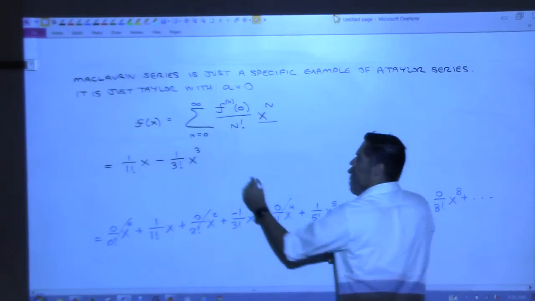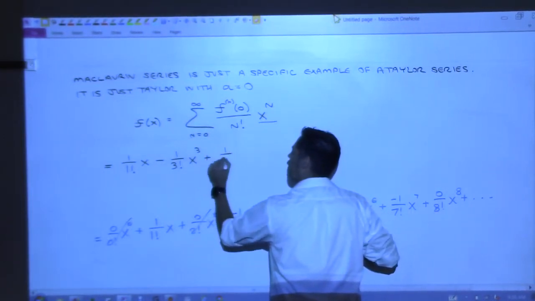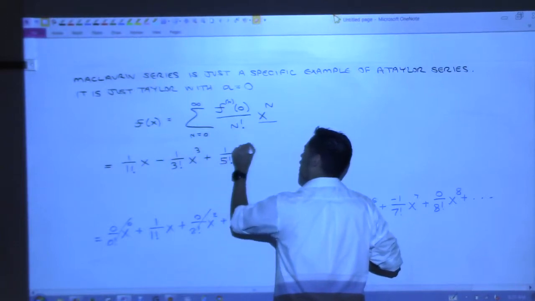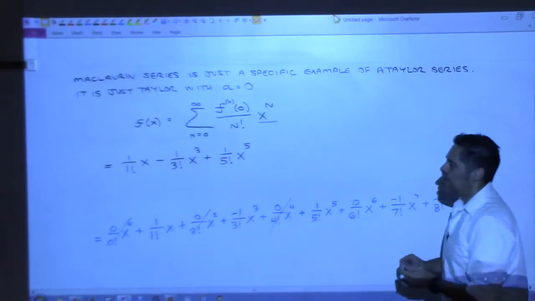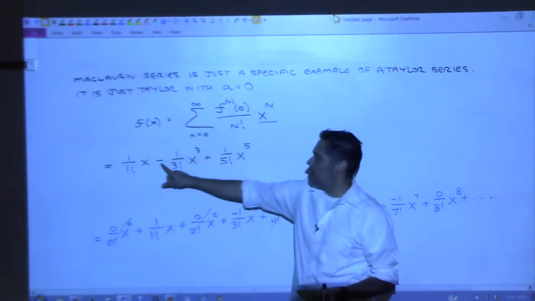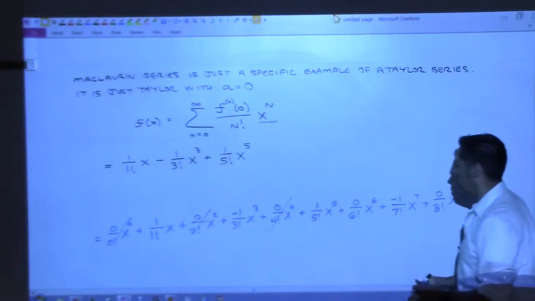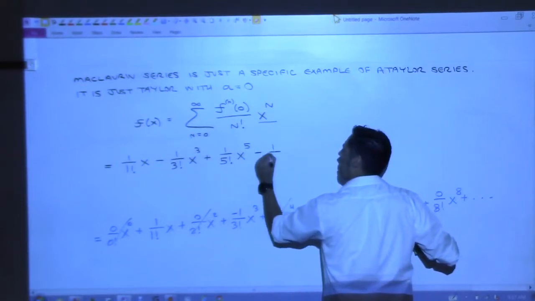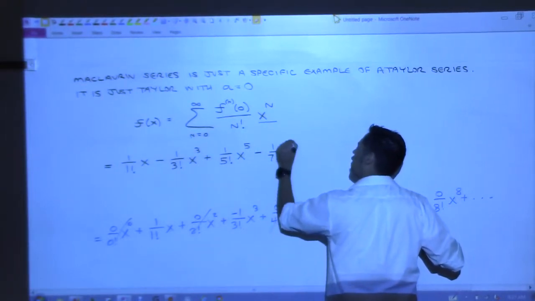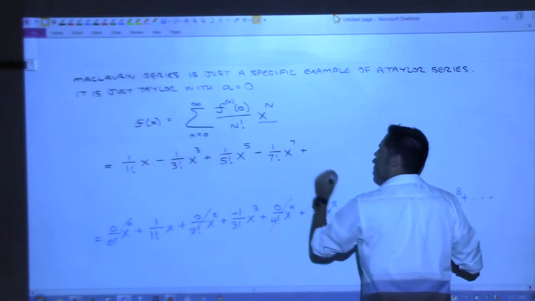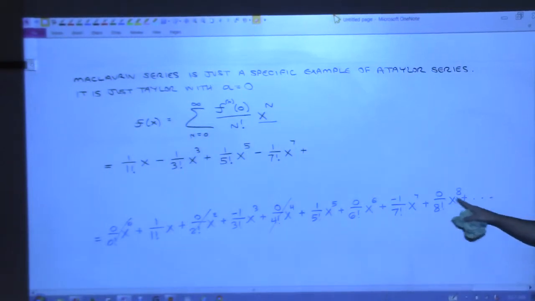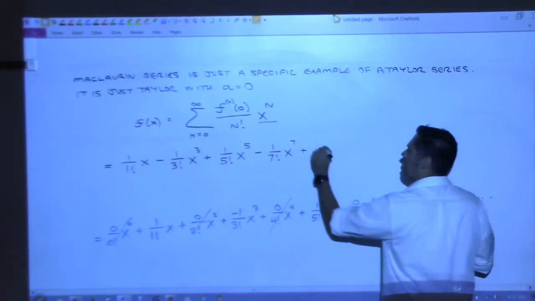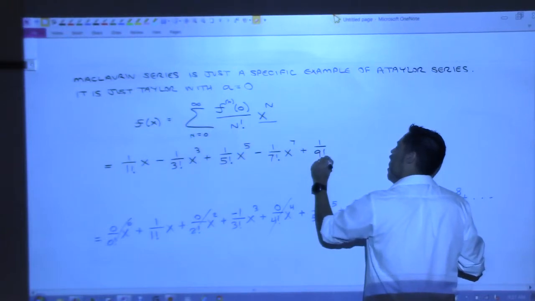This one, plus 1 over 5 factorial x to the fifth. You see, instead of the negative 1 on top, I'm just making it a minus. Okay, what's my next term? Minus 1 over 7 factorial x to the seventh plus, we don't have it written, but it should be plus 1 over 9 factorial x to the ninth.